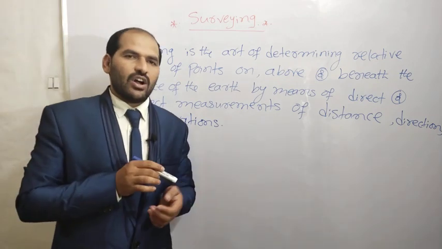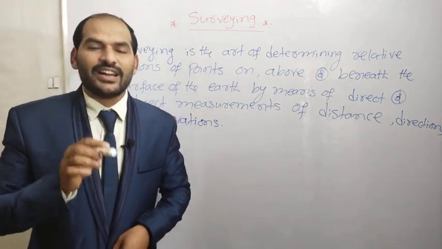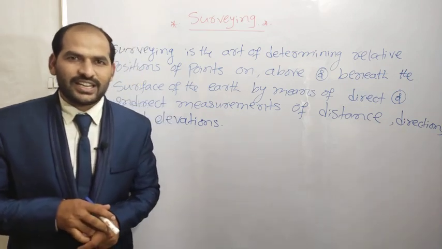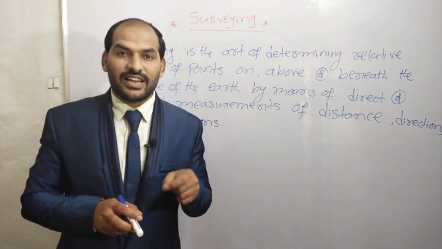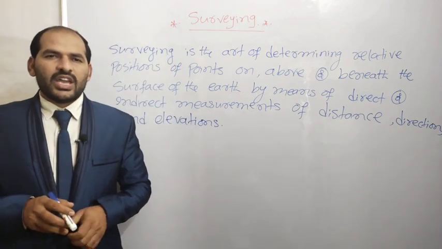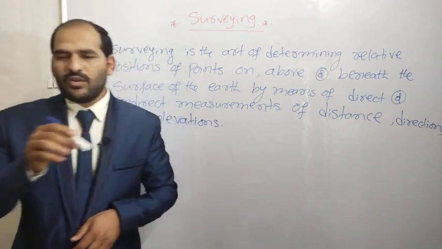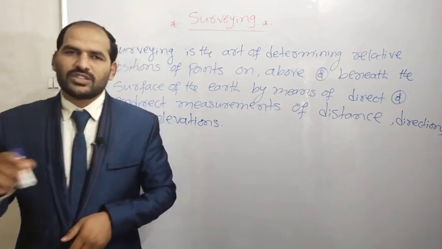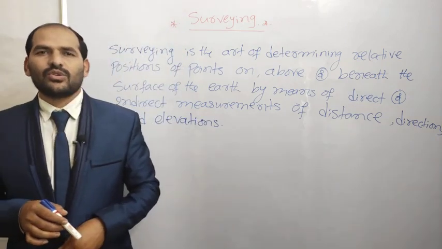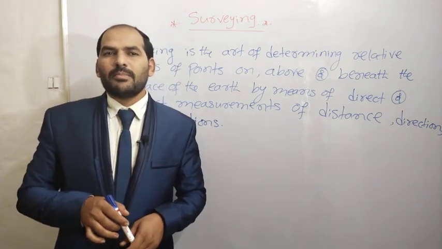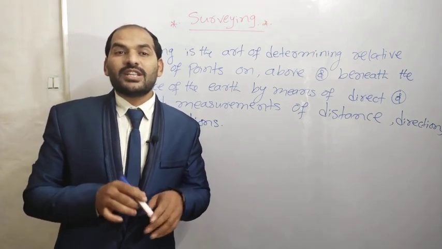Right, so how do we measure distance? Distance is measured in only one direction, that is linear measurement. If you take a chain, by using the chain we measure in only one direction, that means one dimensional measurement.